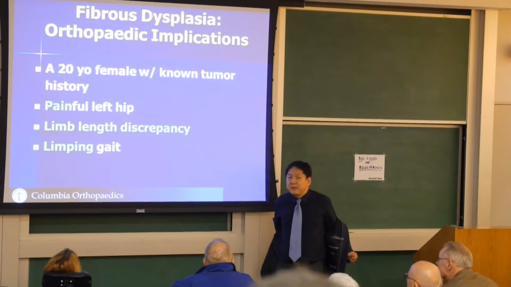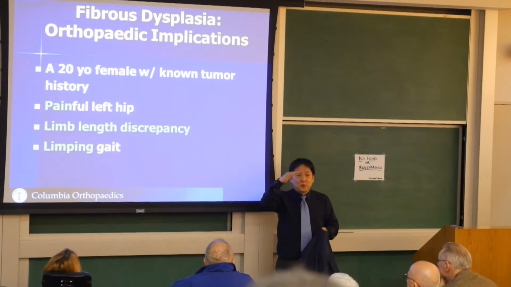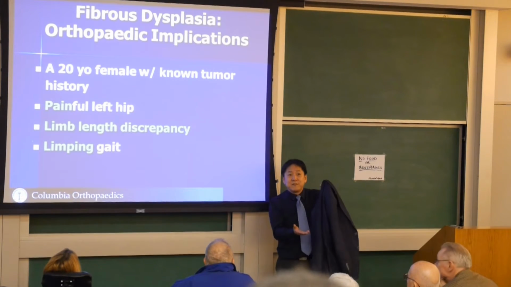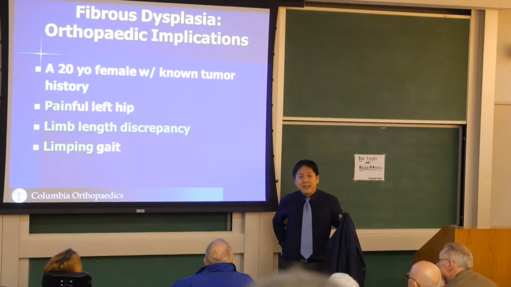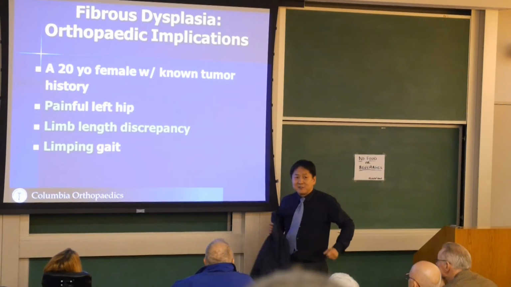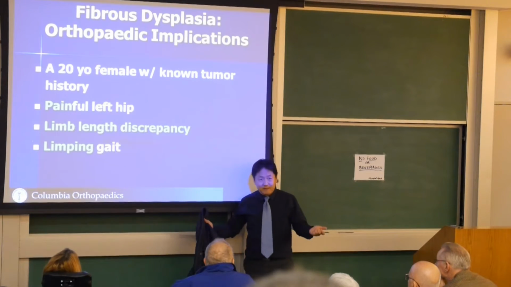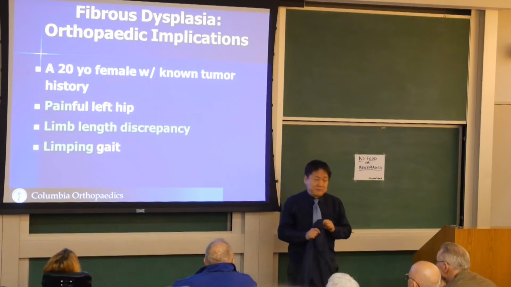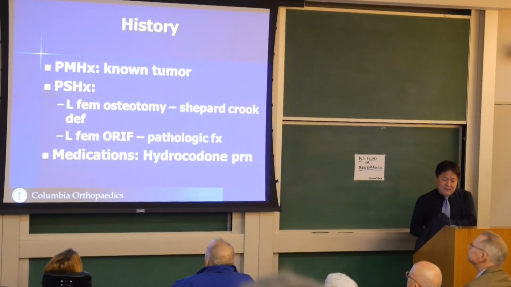She had a limping gait because one leg is extremely short, about 25, almost 1 foot difference. Also, the pain in the left hip really bothered her to walk, so she almost walked like this. But basically, technically, she was not able to put any weight on it.